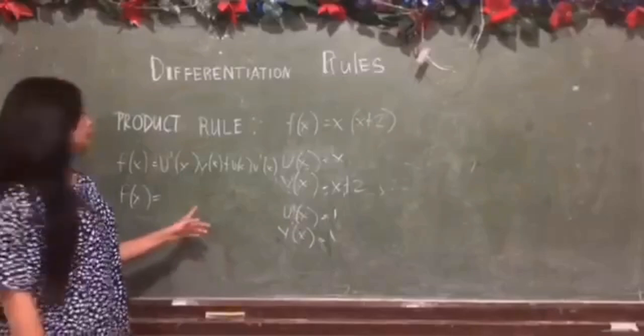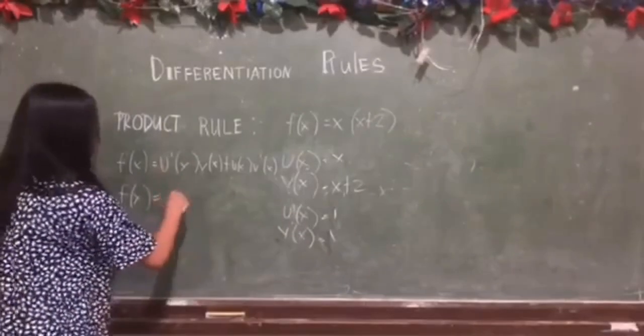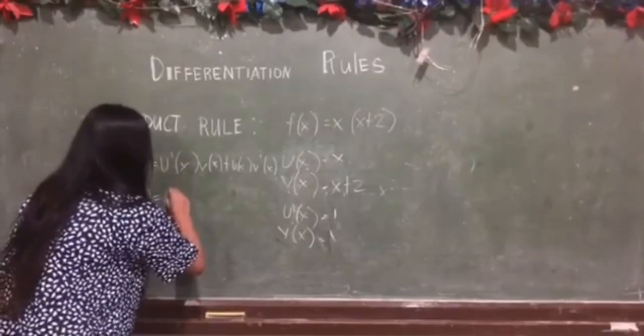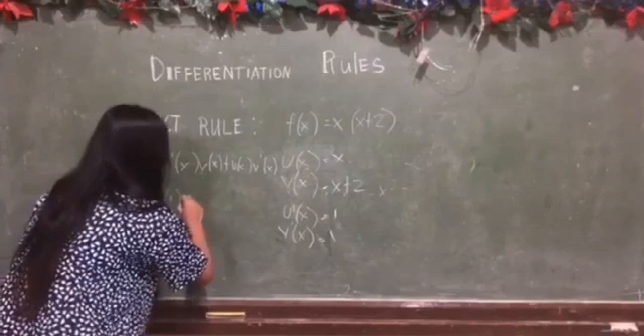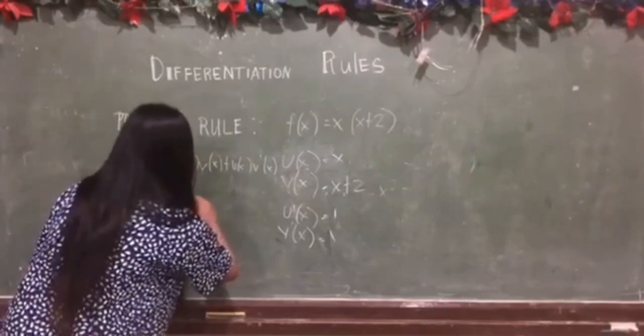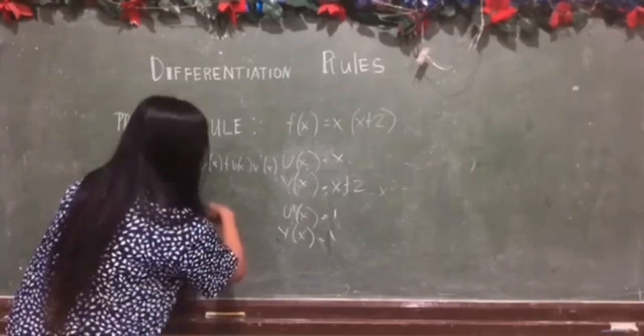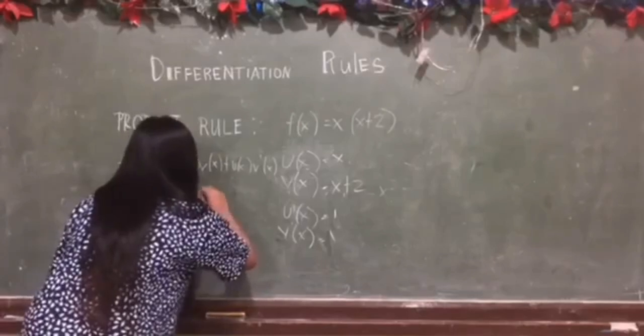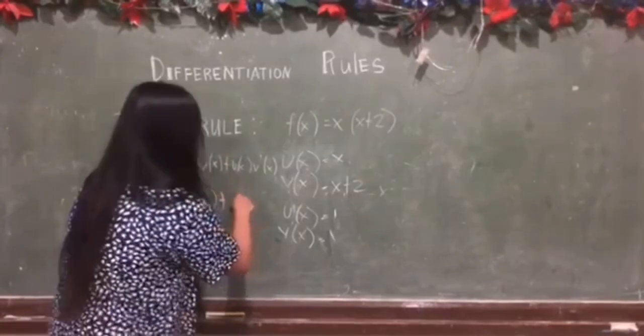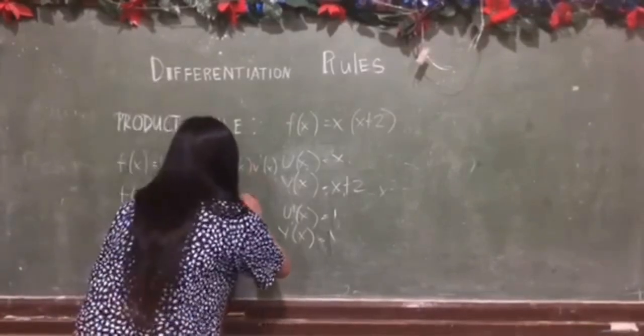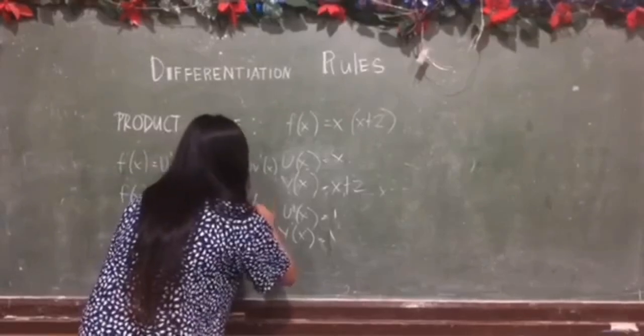And now let's apply the product rule. So let's substitute. u prime of x is 1 times v of x, which is x plus 2, plus u of x, which is x, times v prime of x, which is 1.